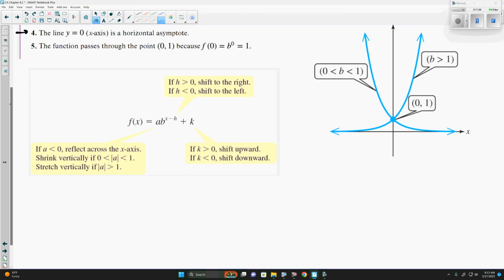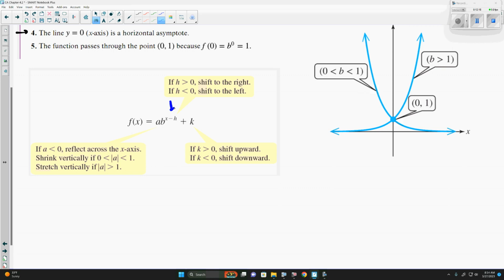Now, with these, we can shift the function left or right. The movement to the left or right is going to be in the exponent, x minus h. And it's the opposite of what we think, just like inside parentheses. So if we have x minus 4, it's actually moving it 4 units to the right. If it's x plus 4, it's moving it 4 units to the left.